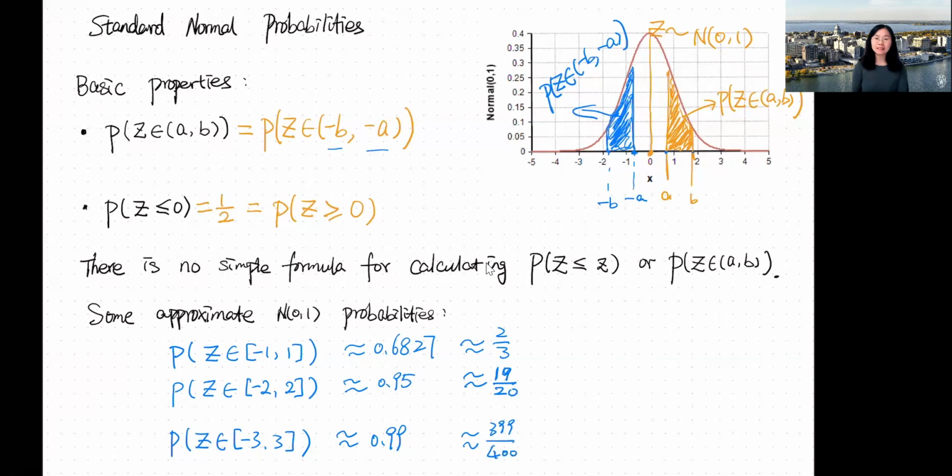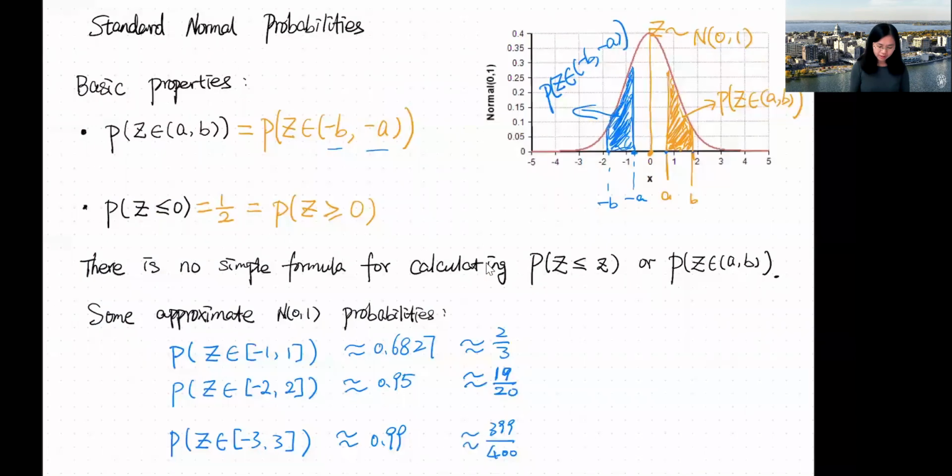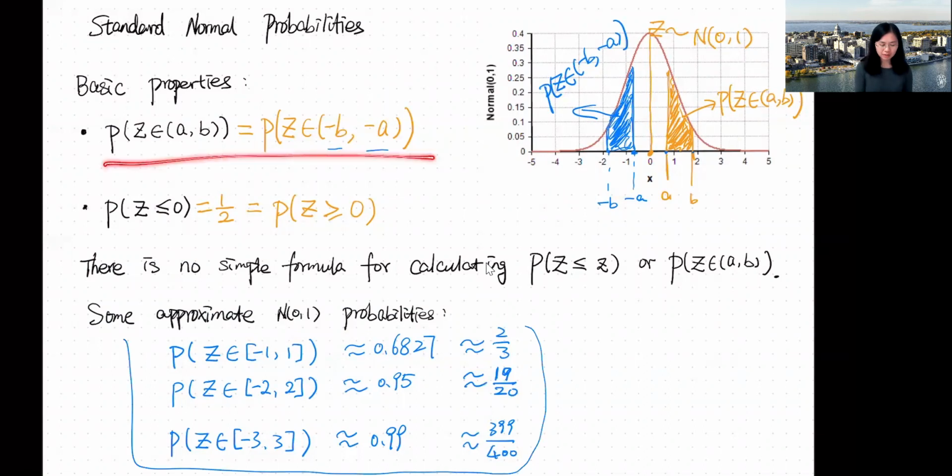You can find these numbers in the textbook as well. These are just approximations for some special values, and the two properties come from the symmetry of the probability density function.